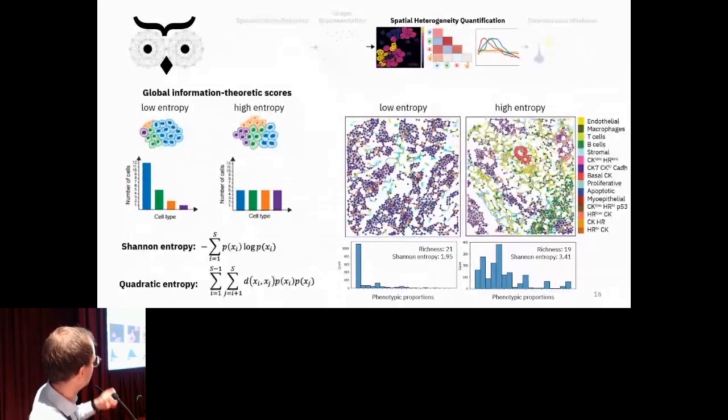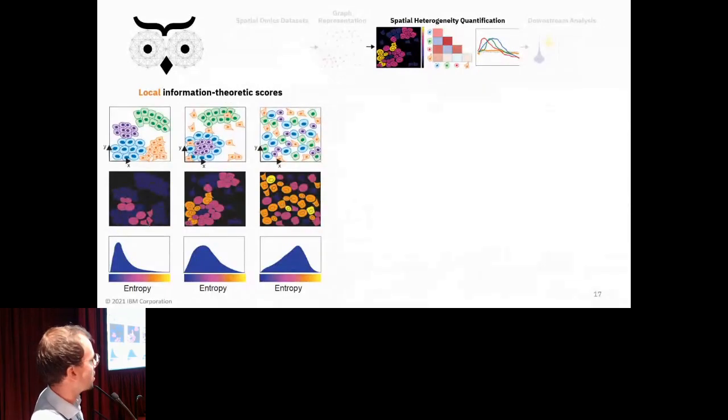And to provide also an estimate of how heterogeneous the environment of a single cell is, we adapted these entropic scores a bit to actually use this graph structure to compute the cell type distributions based on the neighborhood of a cell within a graph. And here you can see three different graph topologies. On the left-hand side, a very well-structured topology where a cell is surrounded by mostly other cells of the same cell type.